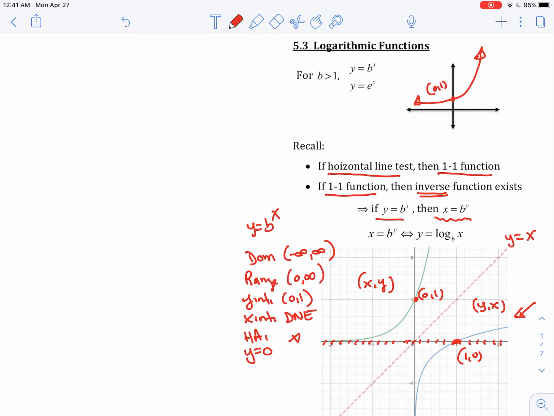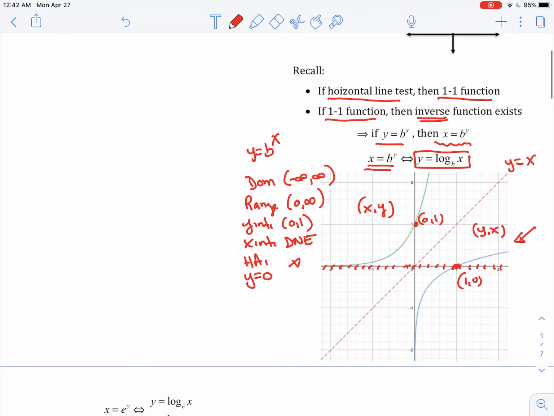But we don't like to leave equations in the x equals form. We always want to solve for y. So instead of leaving it as x equals b to the y, our final equation would be y equals log x base b. So our logarithmic functions are just inverses of our exponential functions.